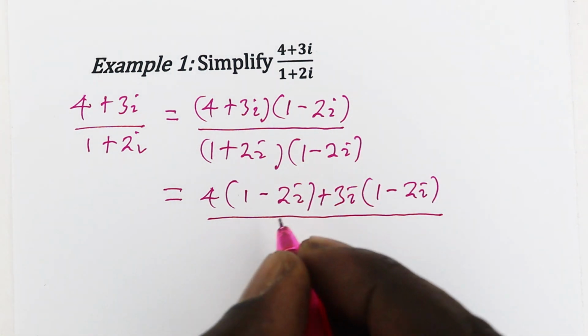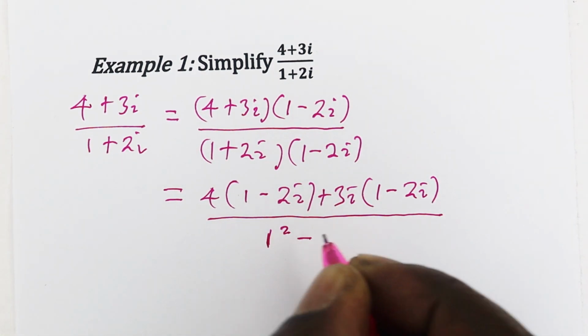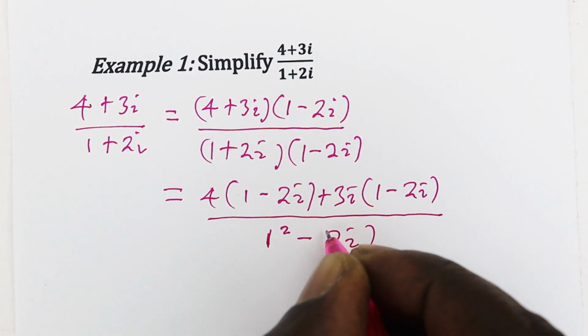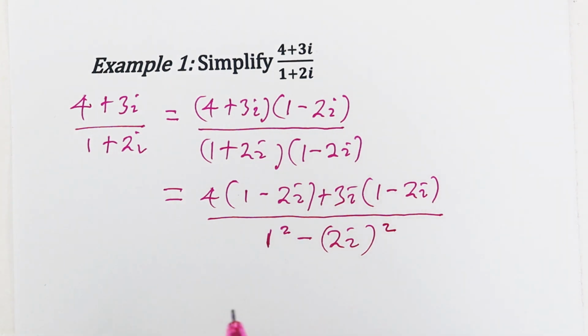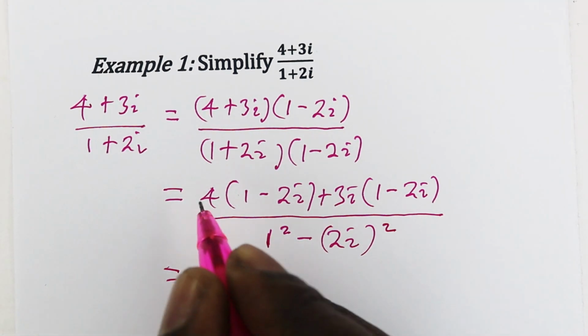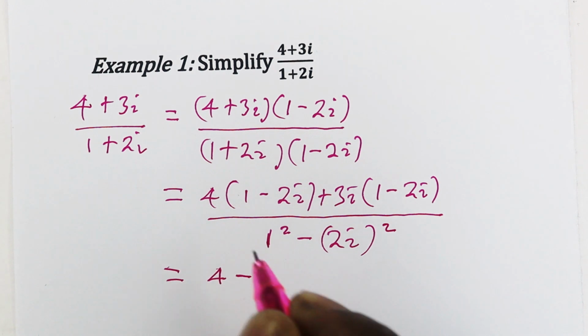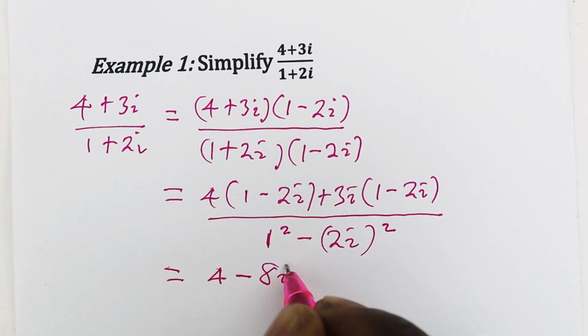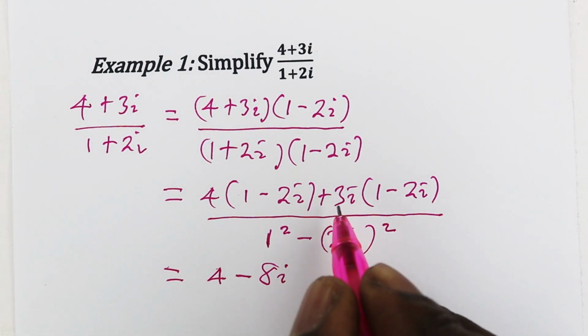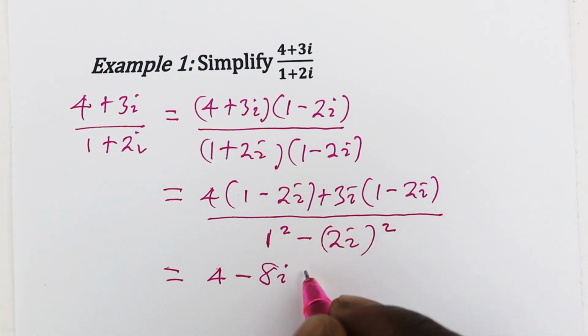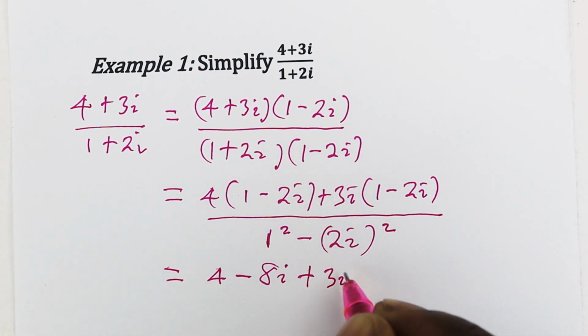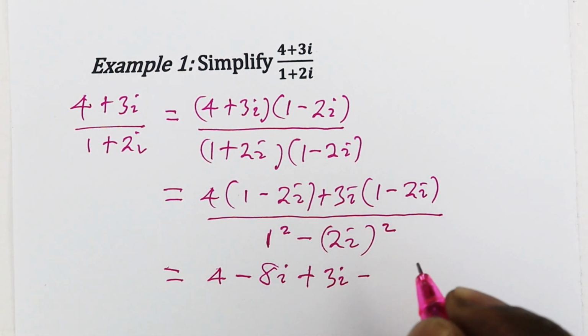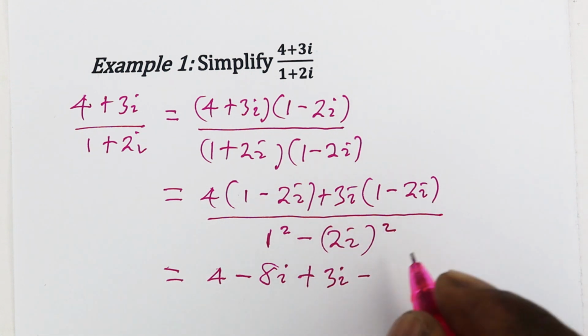It means this one will be 1 squared minus 2i squared. So let us simplify this. In the numerator, we're going to have 4 minus 8i, and then plus 3i minus 6i squared.